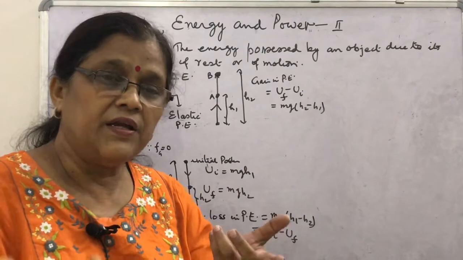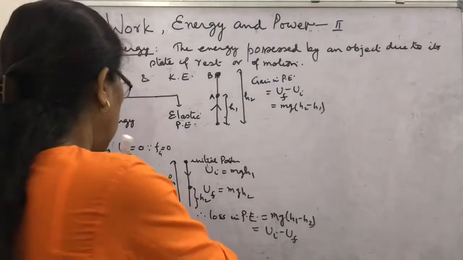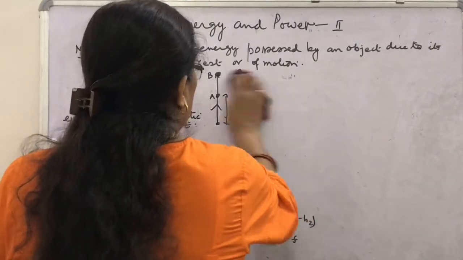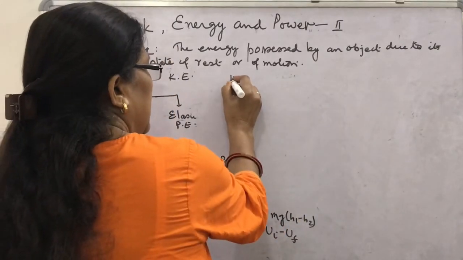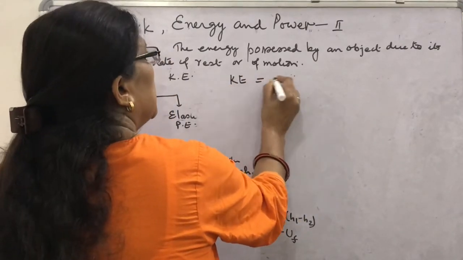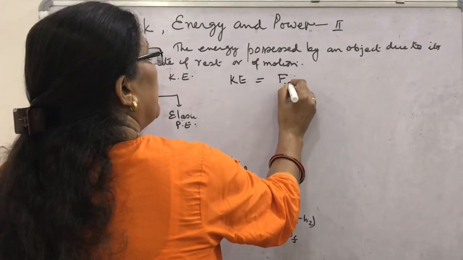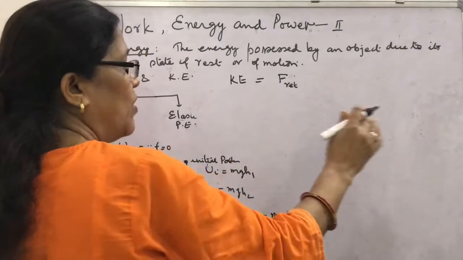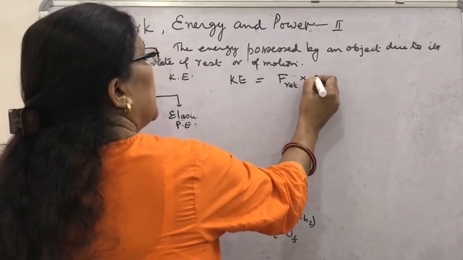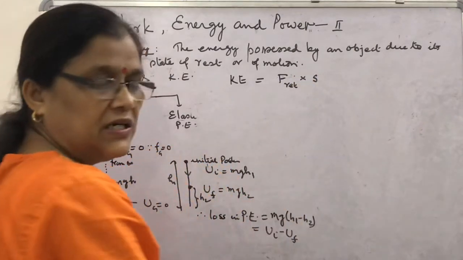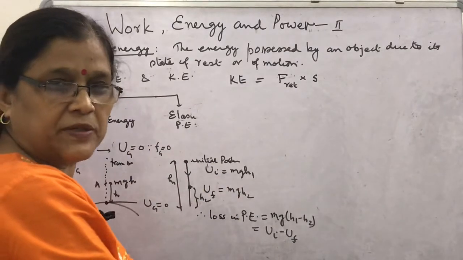How will you find the kinetic energy? Look at its expression here. Suppose you are stopping a moving ball by applying some retarding force and the ball has moved up to a distance s, the displacement.